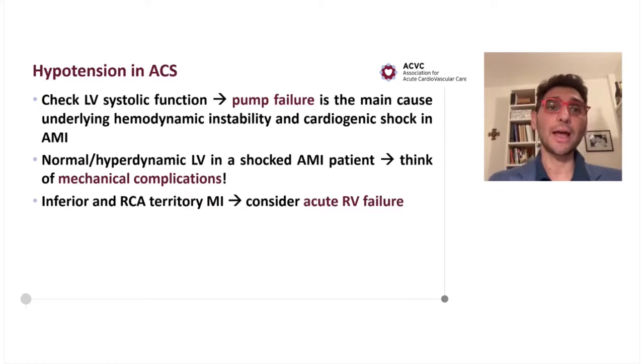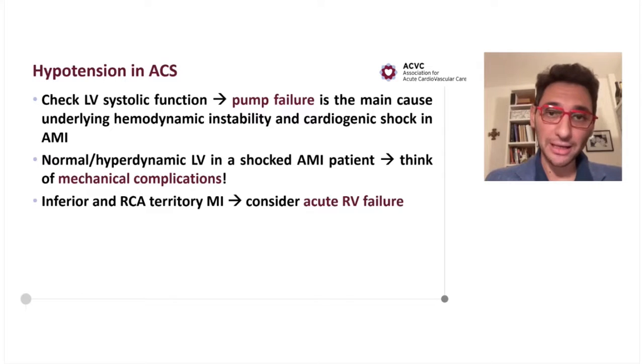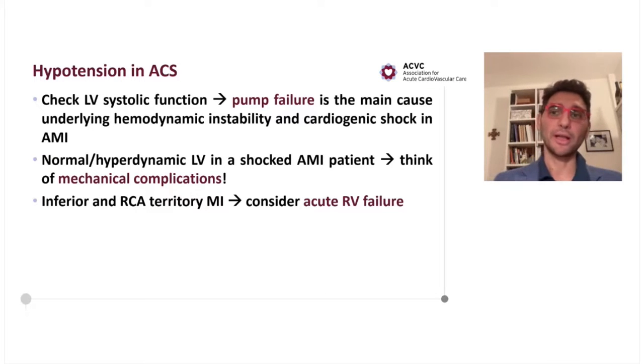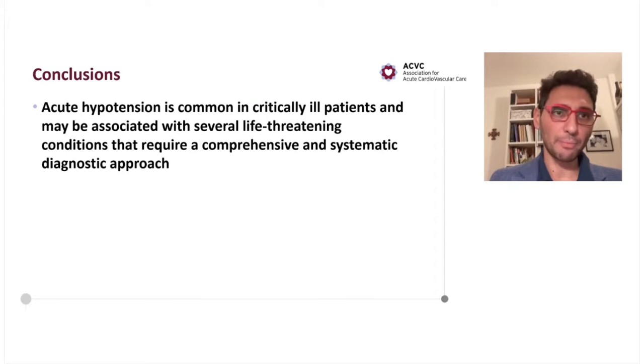If you see a normal or hyperdynamic left ventricle in shock-MI patients, think very quickly of a mechanical complication, even if you cannot do a sophisticated and precise diagnosis. And also consider the possibility of an acute right ventricular infarction, which is another cause of hypotension that we should routinely consider in patients with inferior MI of RCA territory, especially if we have a proximal occlusion.